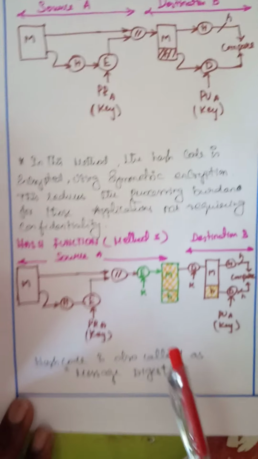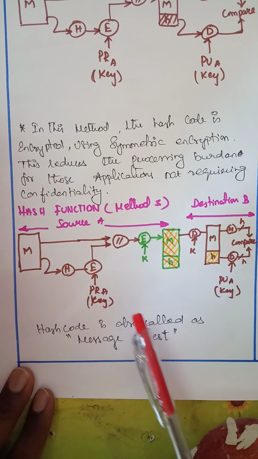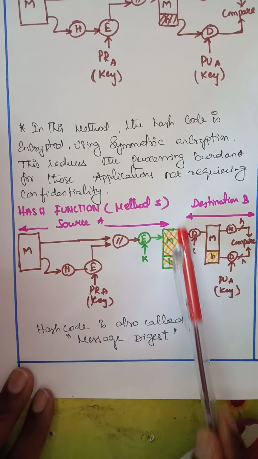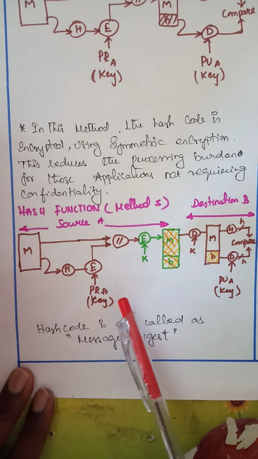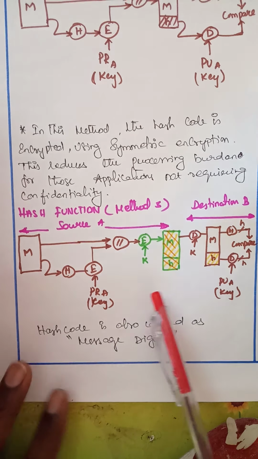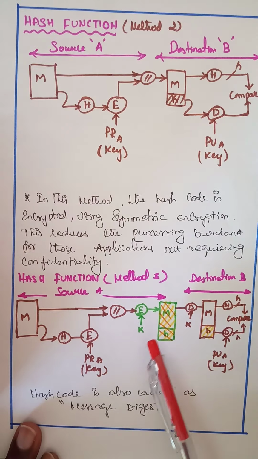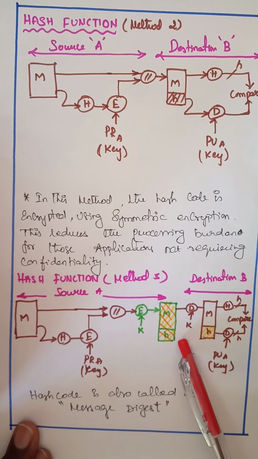In method 3, we are avoiding the shortfalls of method 2, which means we are adding only this part in method 3. We combine the plain text along with the encrypted hash code. Again, we encrypt the entire message using the secret key K, and that will be sent to the receiver side.